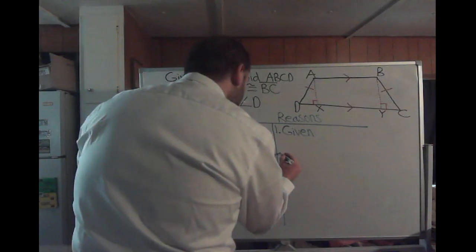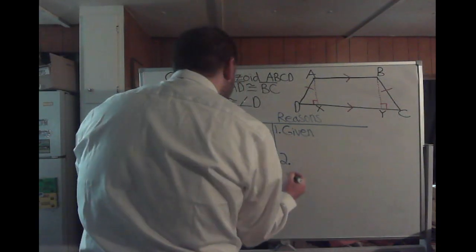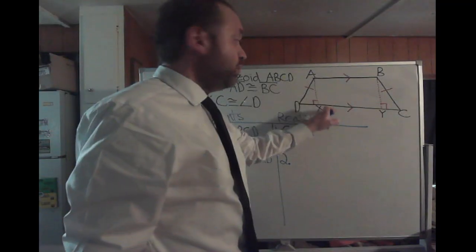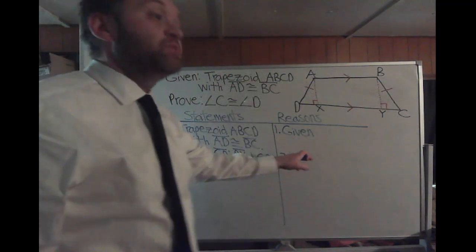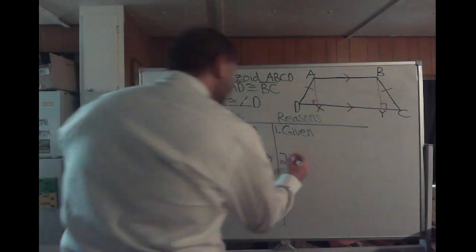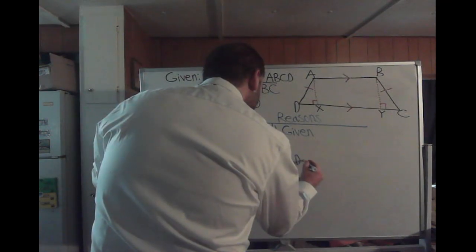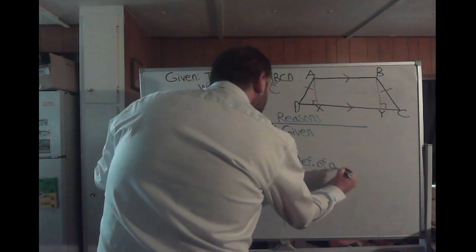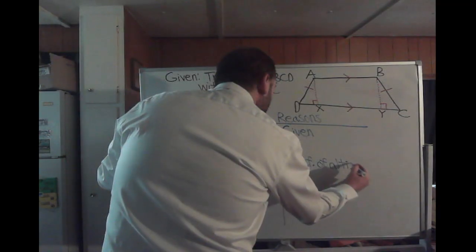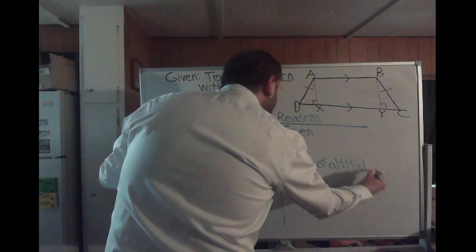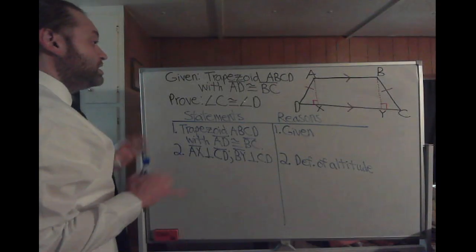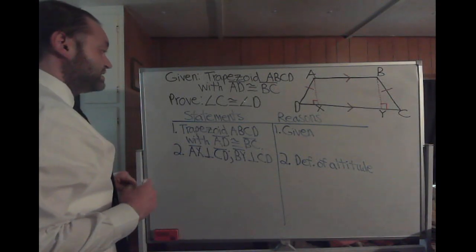What you can do with that is, if you drew two lines perpendicular from one base to the other, that's what's called the altitude. By the definition of altitude, you can say that those two lines are perpendicular to CD. Great, we've established that.